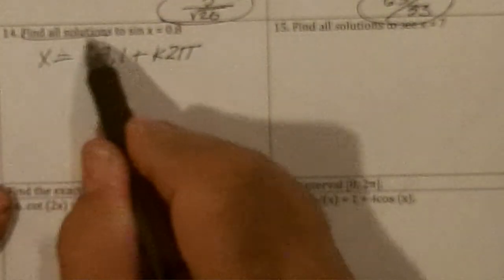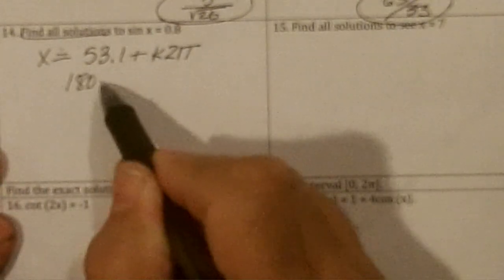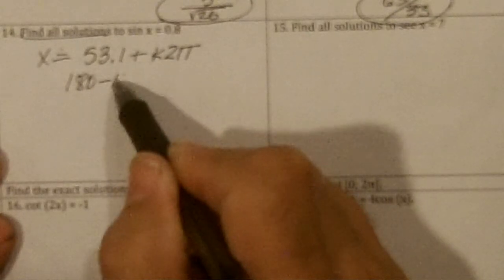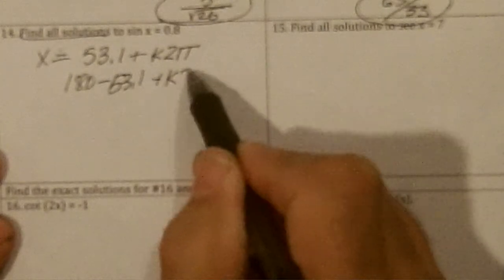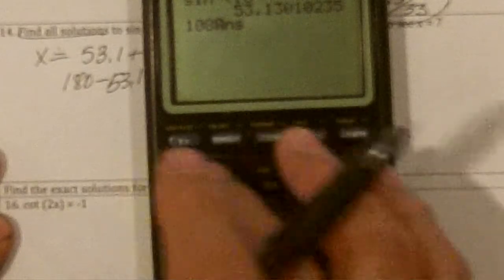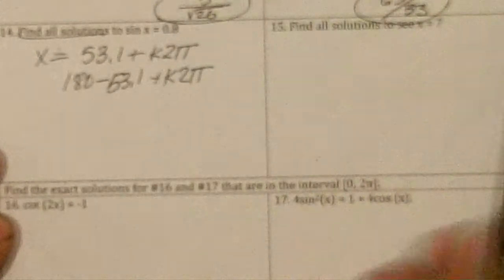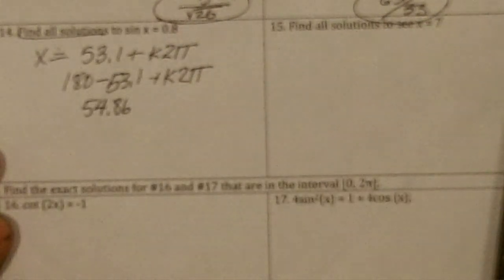That's half of them. The other half, when you're doing sine, is 180 minus the angle the calculator gave you, 53.1, plus k 2 pi. 180 minus that answer we had, oops, that can't be right.